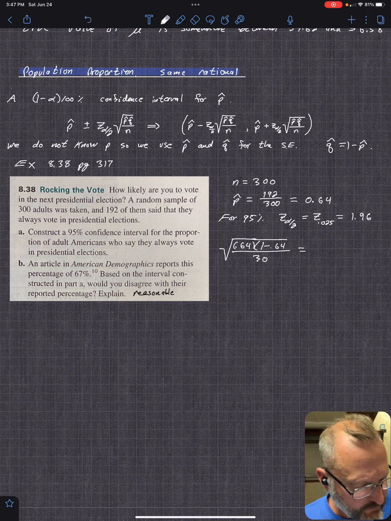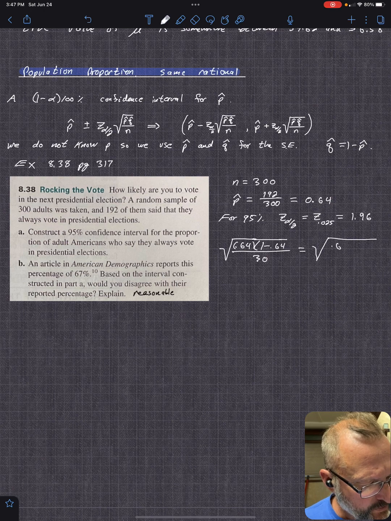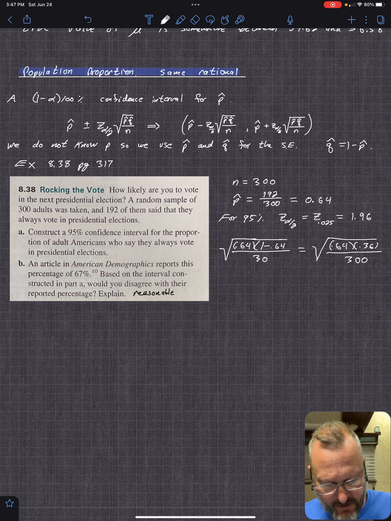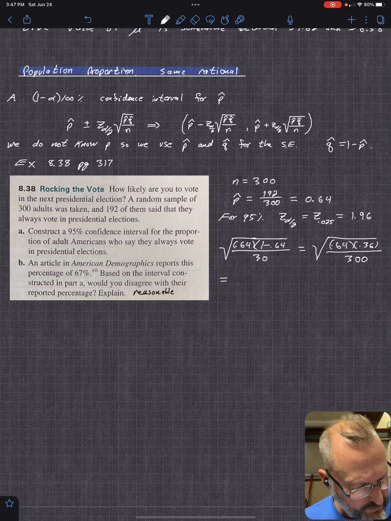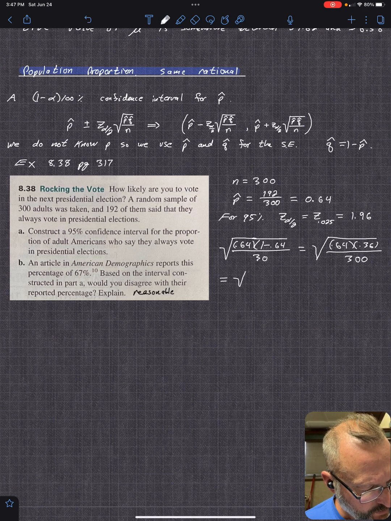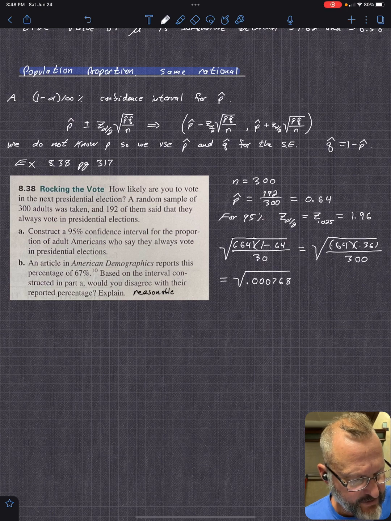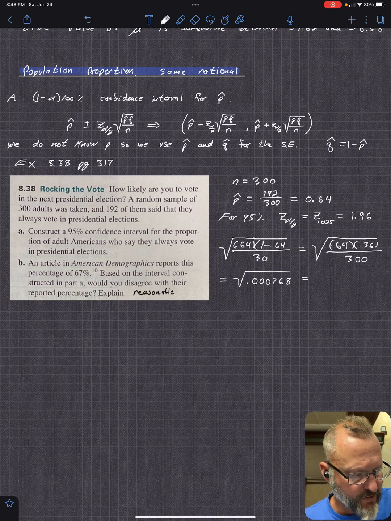So it's the square root of 0.64 times 0.36 over 300. You do that inside part first, and then you hit the root button. And another step: the square root of 0.000768 equals, when you take the square root, 0.0277.